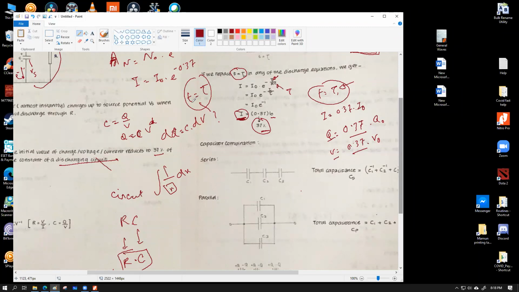So if we allow the circuit to discharge by tau amount of time, what is going to happen? This is going to happen. So it's the simplest way of connecting time and the current, charge and voltage of this capacitor. Exactly. It's a simple mathematical way of connecting these things. Yeah, that's very well said. Okay, I see, sir. Thank you.